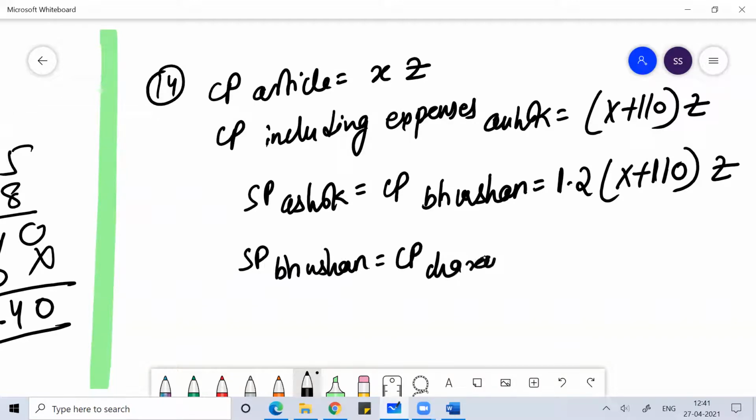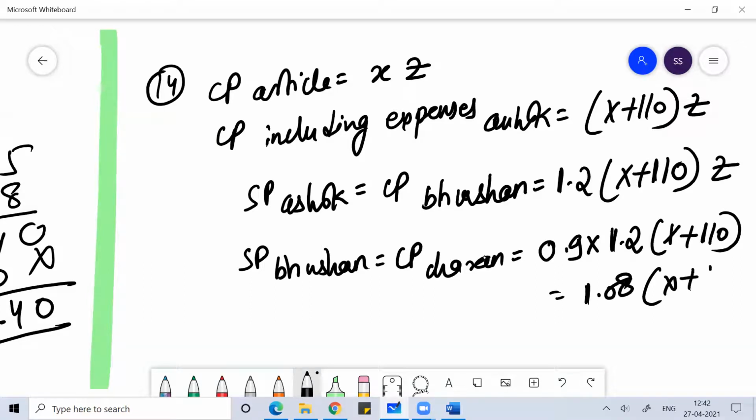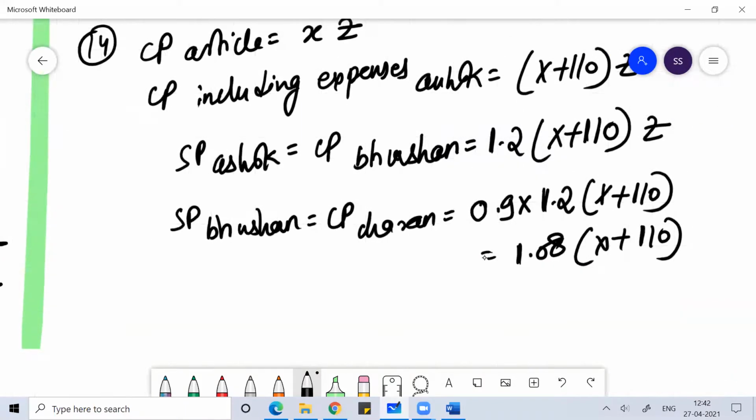Loss of 10% means 0.9, as I have already discussed. So 0.9 into 1.2 into (x plus 110). 12 times 9 is 108, so 1.08 into (x plus 110) is the cost price of Charan. So 20% profit is 1.2, 10% loss is 0.9.